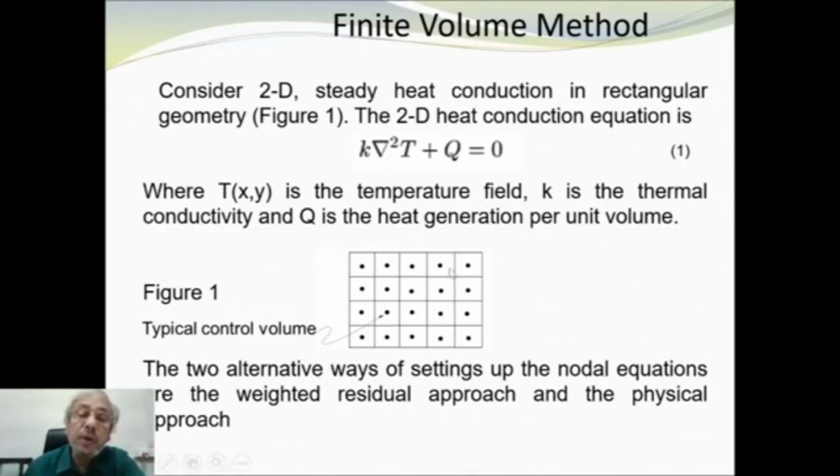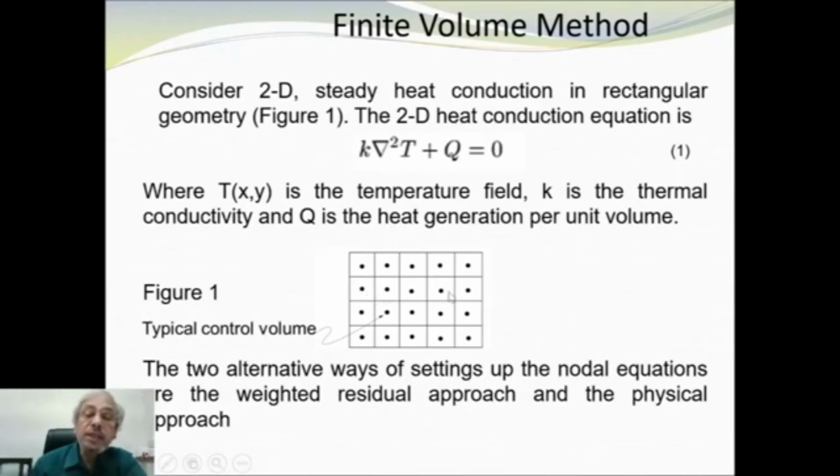So this is the overall domain, and you can see the domain has been split into small control volumes, which are arranged in such a way that we will be able to use their additive properties, and each control volume is identified by a node at the center of the control volume.